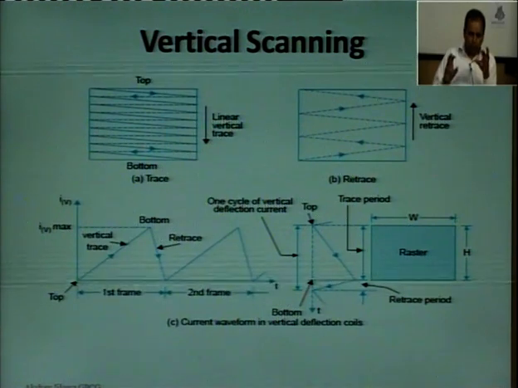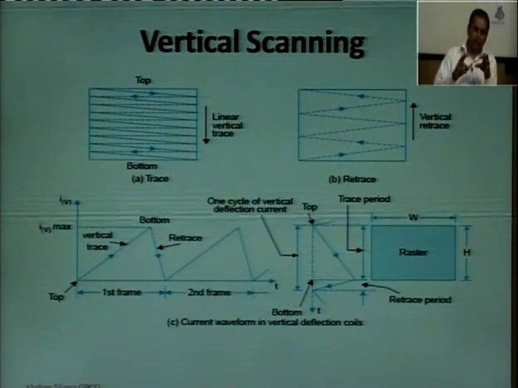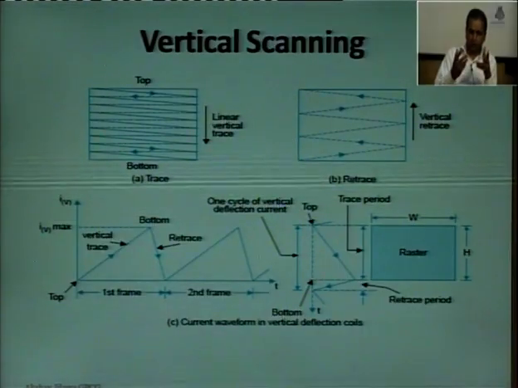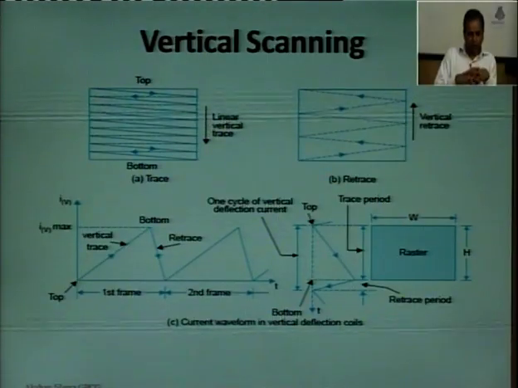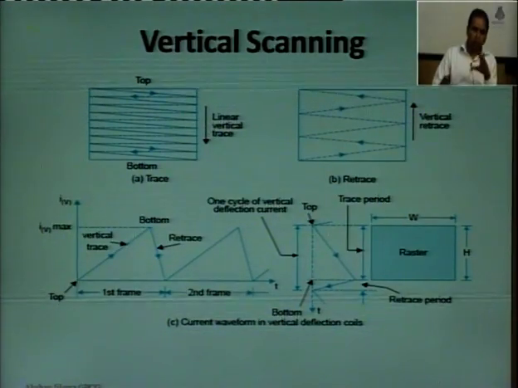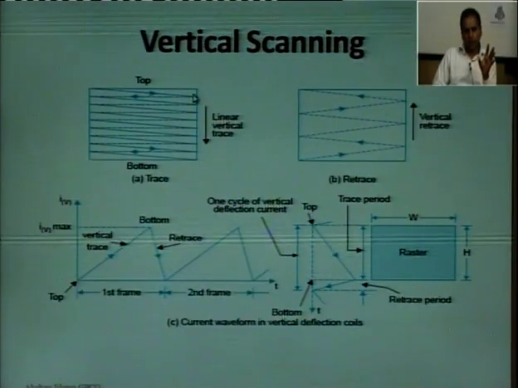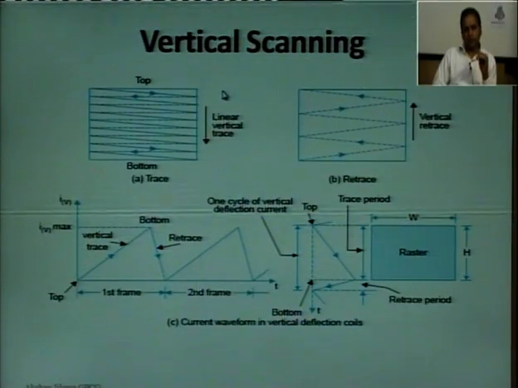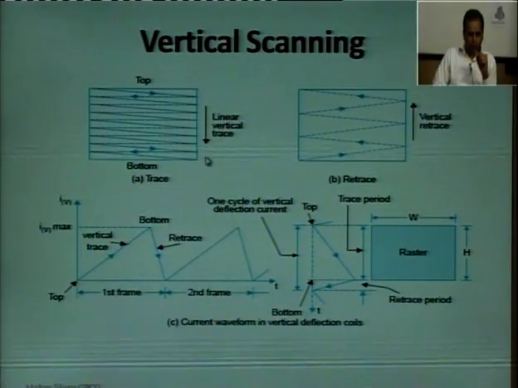Both these forces, of the horizontal deflection coil and the vertical deflection coil, are present simultaneously, as current flows in both coils. So, the beam spot moves from left to right. At the same time, there is a force which makes the beam spot move from top to bottom also.